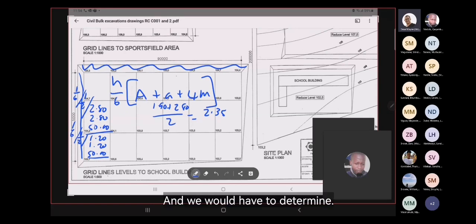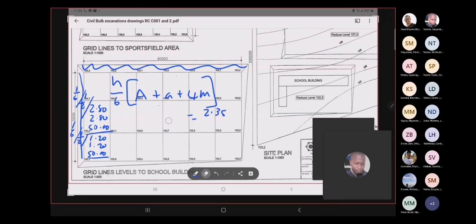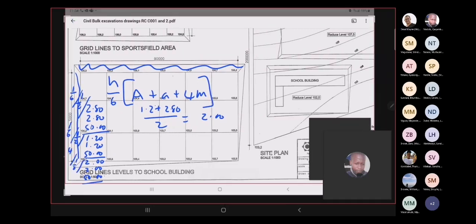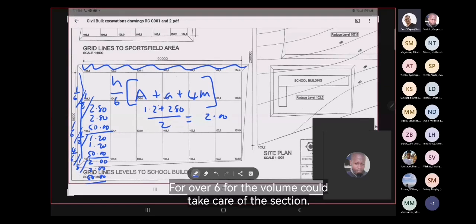And we have to determine 1.2 plus 2.8 over 2, which gives me 2, and that will be 2 times 2 times 50 times half times 4 over 6, for the volume to take care of the section as shown over there.